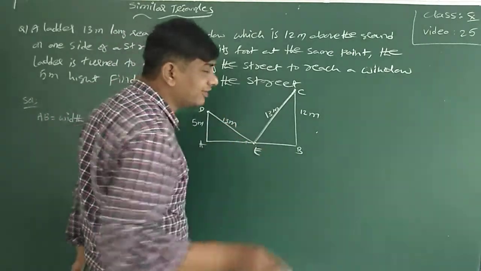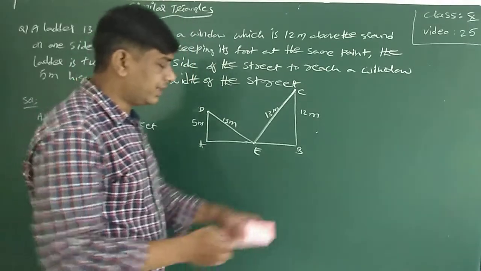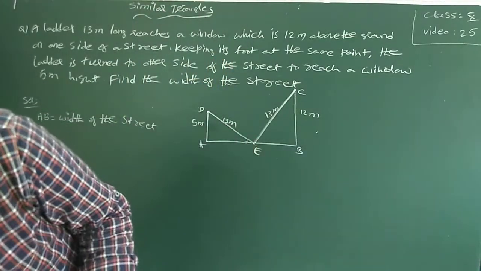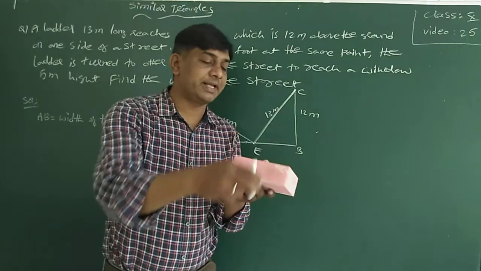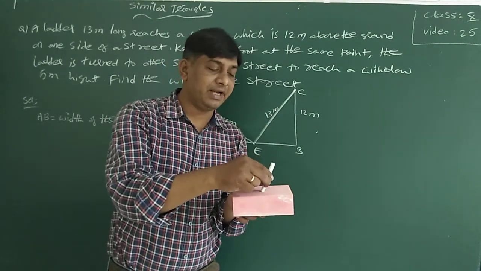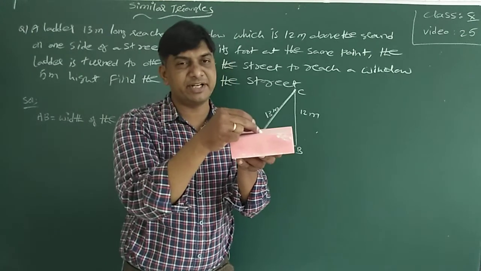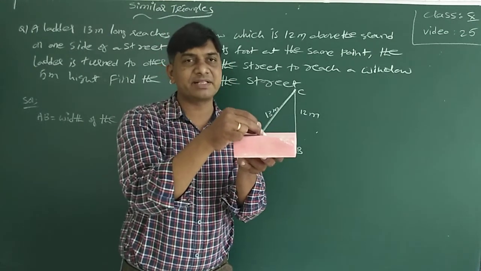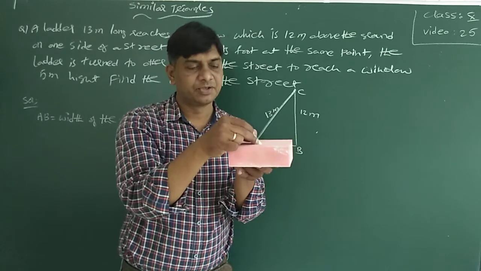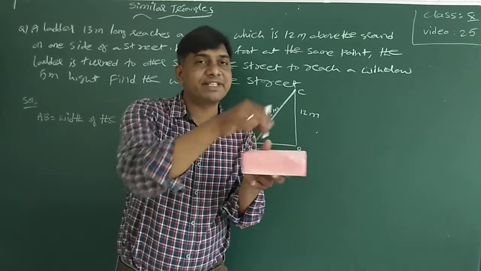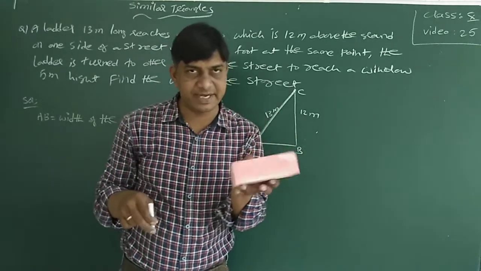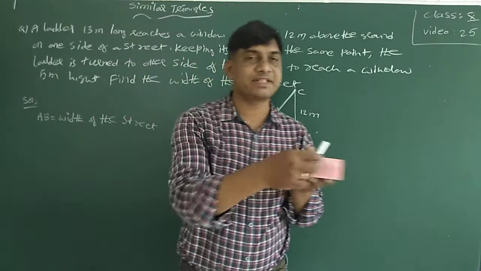This is the length of the ladder. Suppose this is the length of the ladder at the middle. This side it is making a 12 meters height, and when you turn this side, it reaches a window 5 meters high. So what is the width of this road? They ask for the width of the street.